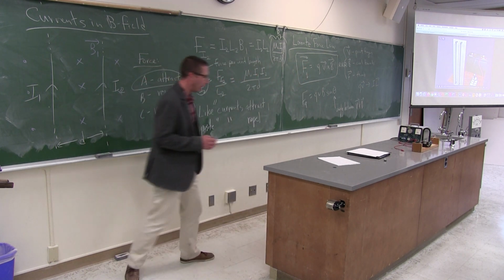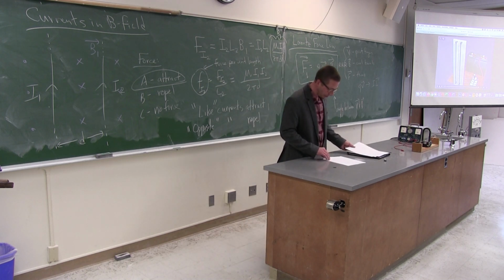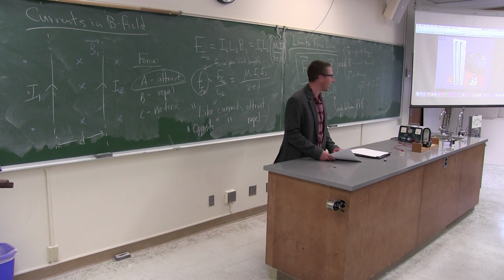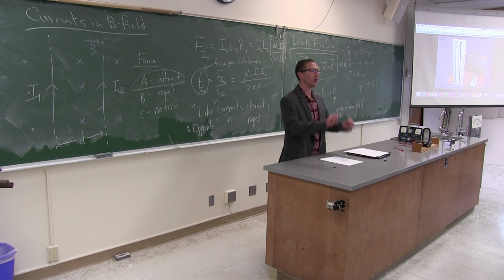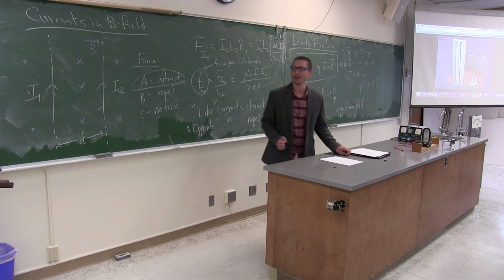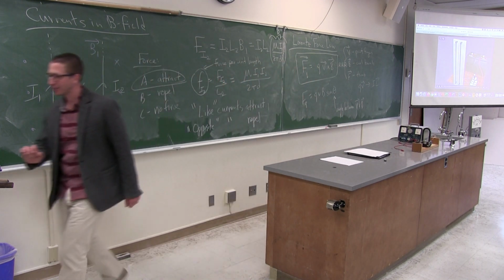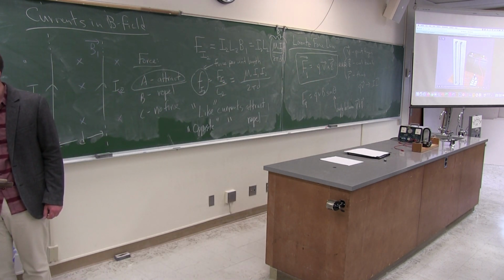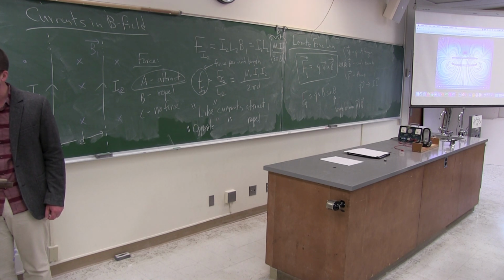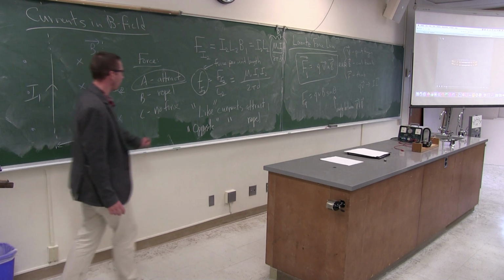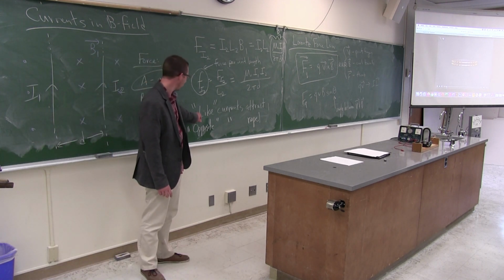All right, now what happens if we have, let's say, a loop of current? If I just take a long wire and I bend it into a loop, well, that's very, very similar. Nothing, in fact, is going to change here, because I could either have like loops or opposite loops.